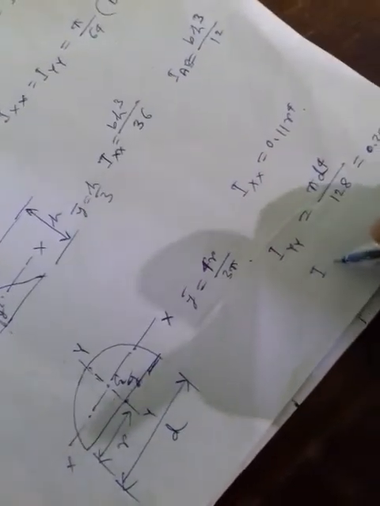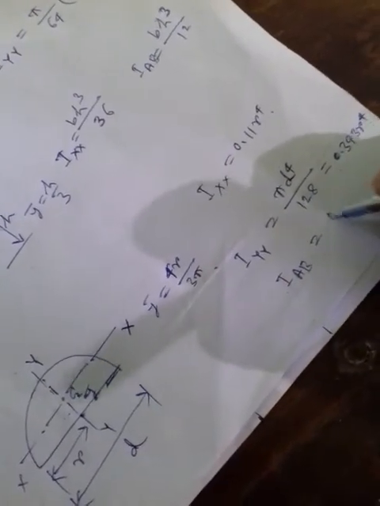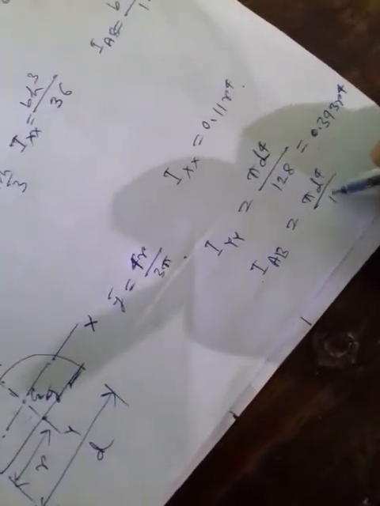And for any other axis parallel to the axis going through CG, that is axis AB, the value will be the same, pi d to the power 4 by 128, equal to 0.393 r to the power 4.